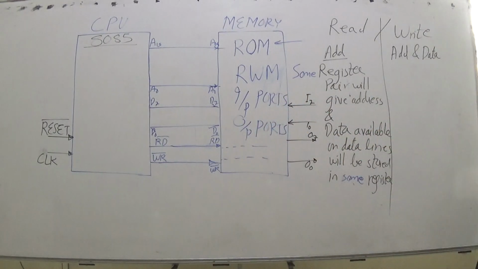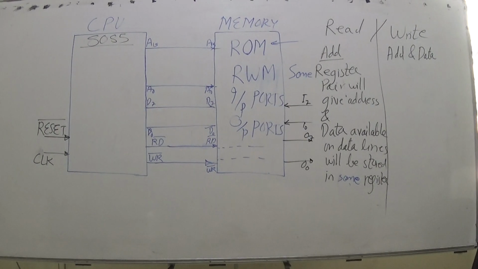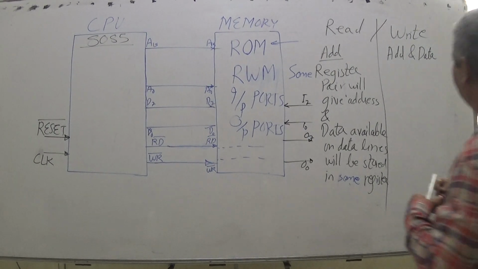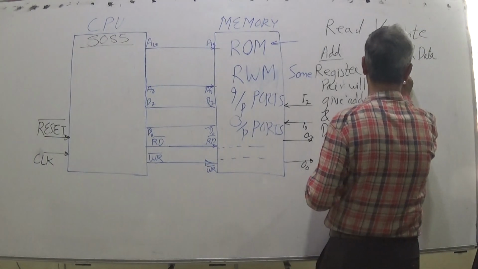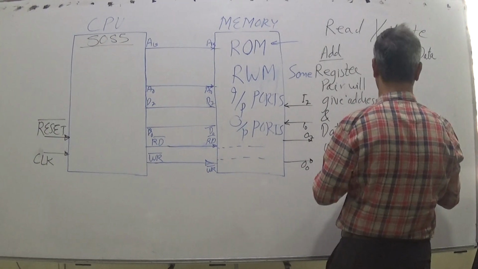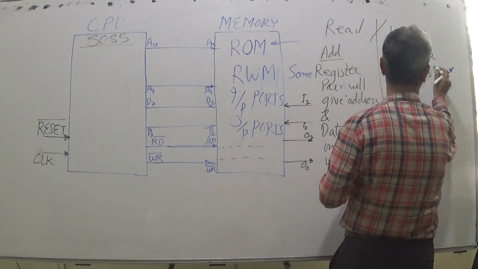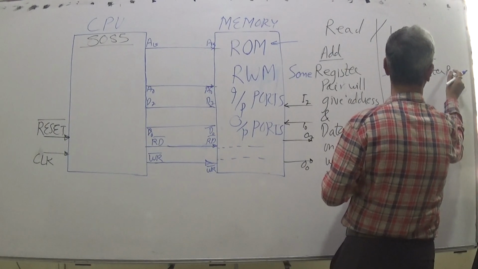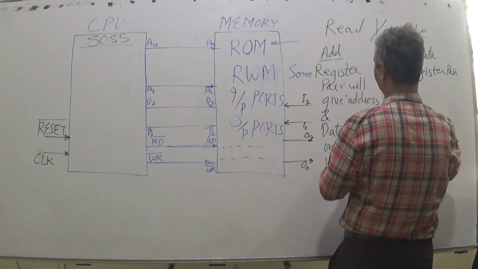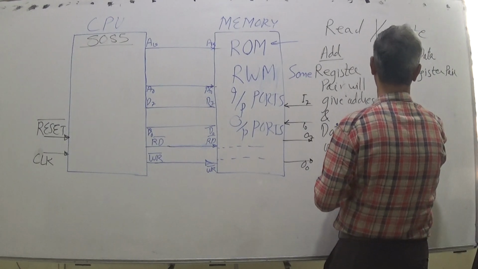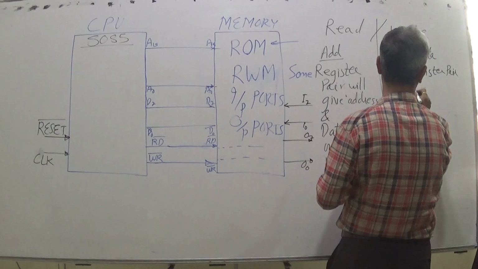For the write cycle, what should happen? You can pause, think on your own about the likely happening, and then verify. In case of a write cycle, I will say the address should come from some register pair. Some register pair will give the address.